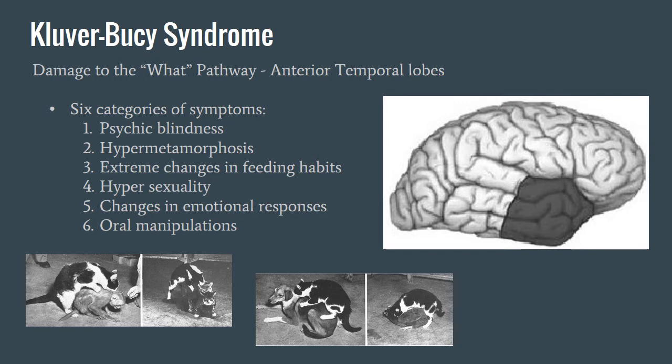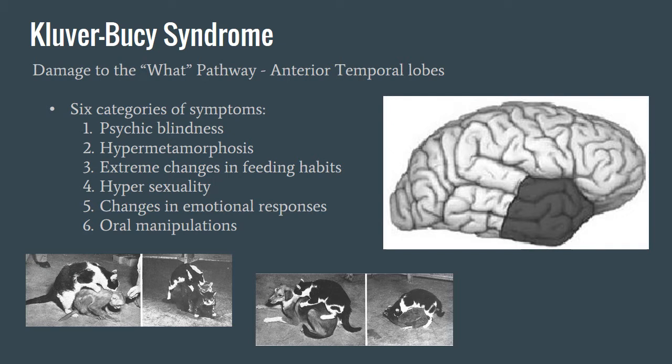The third is extreme changes in feeding habits. In the research done with monkeys, this included them ingesting large quantities of meat, which most never do. The fourth is hypersexuality, which is significant increases in masturbatory, homosexual, and heterosexual behaviors. The fifth is changes in emotional responses, which is when you can remain calm under normally anxiety-producing circumstances.